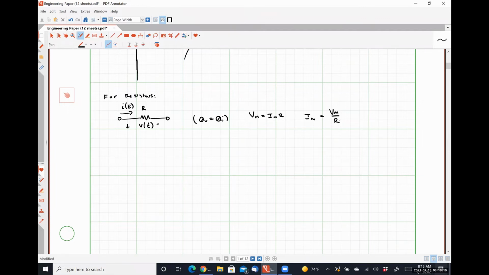That's just Ohm's law, nothing wild or crazy there. So we can use these relationships and say that the power absorbed by a resistor, so let's call it PR, as a function of time.